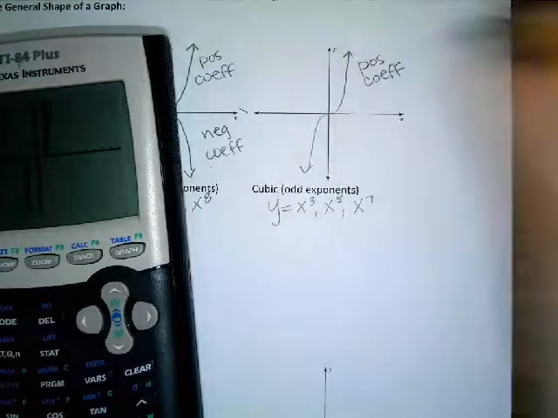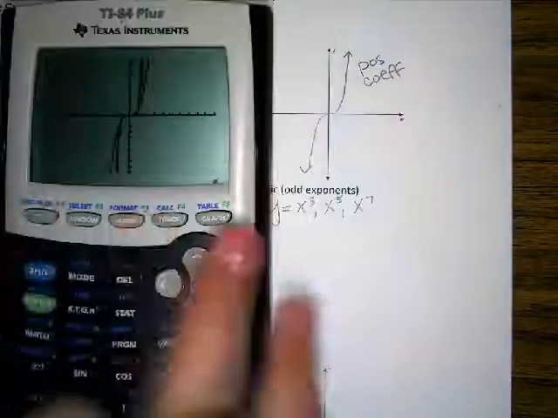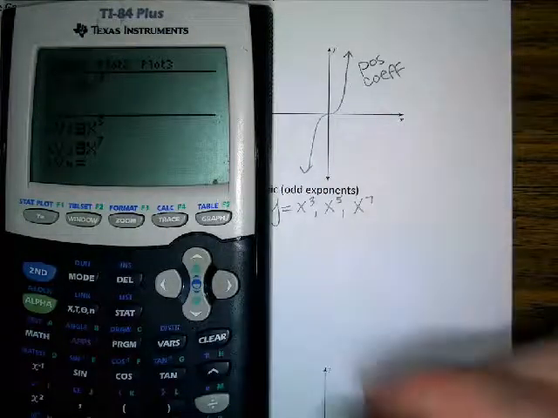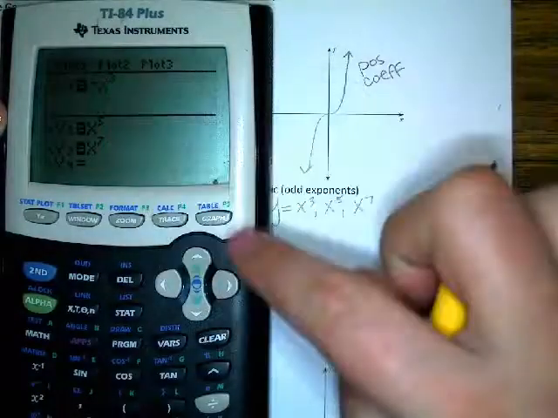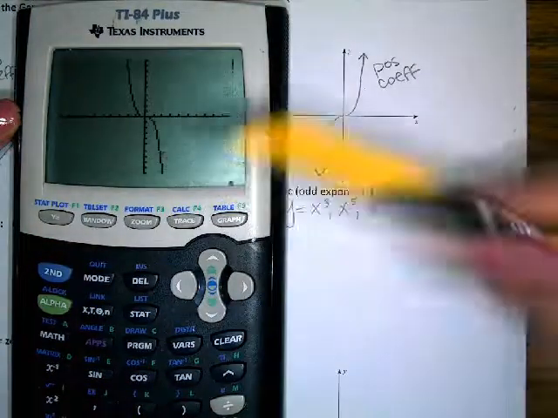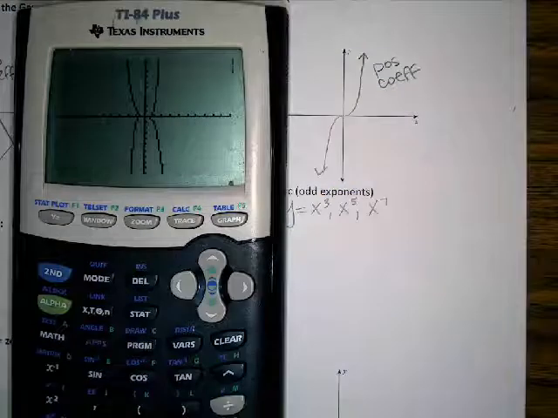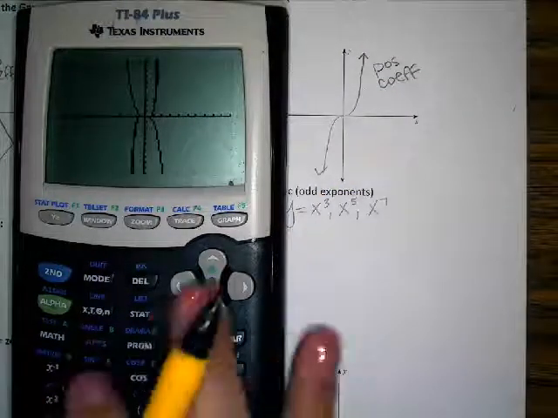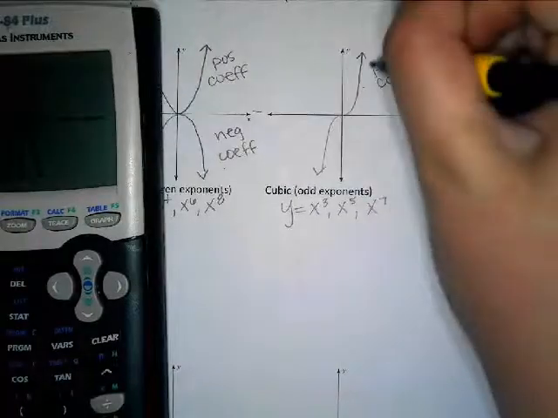If you have a negative in the front of the graph, all that it does is it makes it go the opposite direction. So once I stick a negative in there, then it's going to go down, level off, and go down. So this is the positive coefficient.